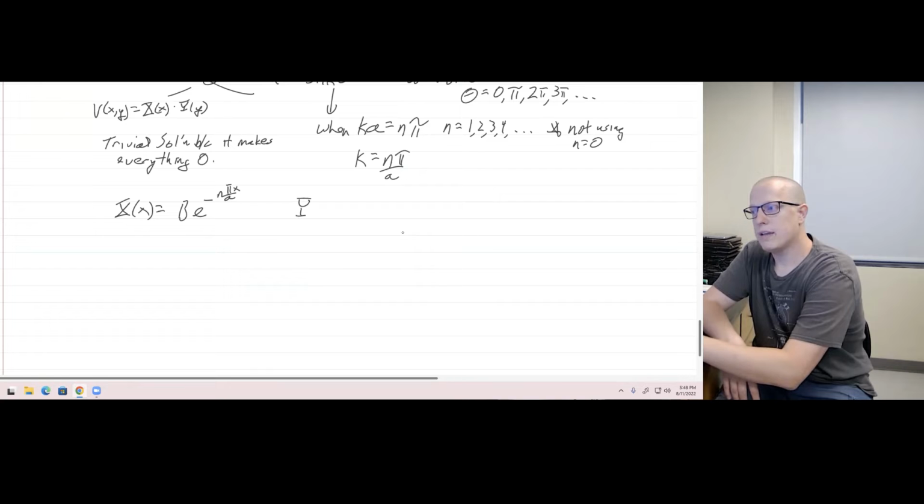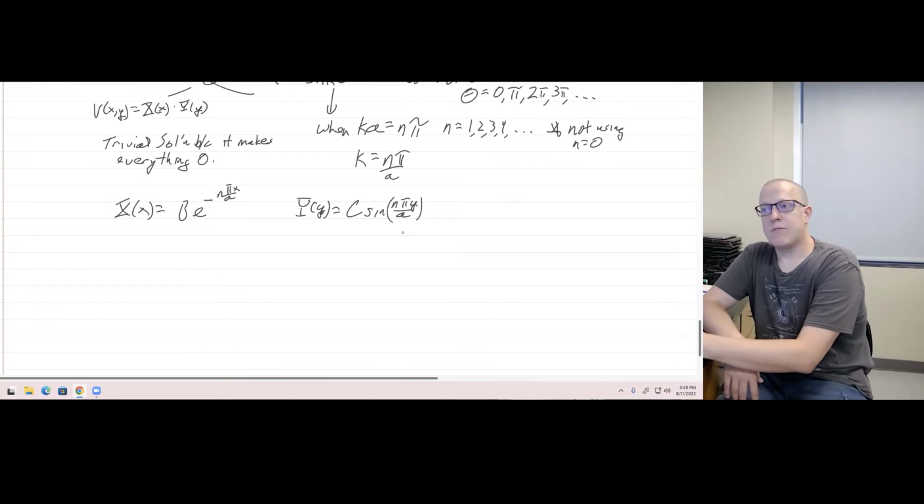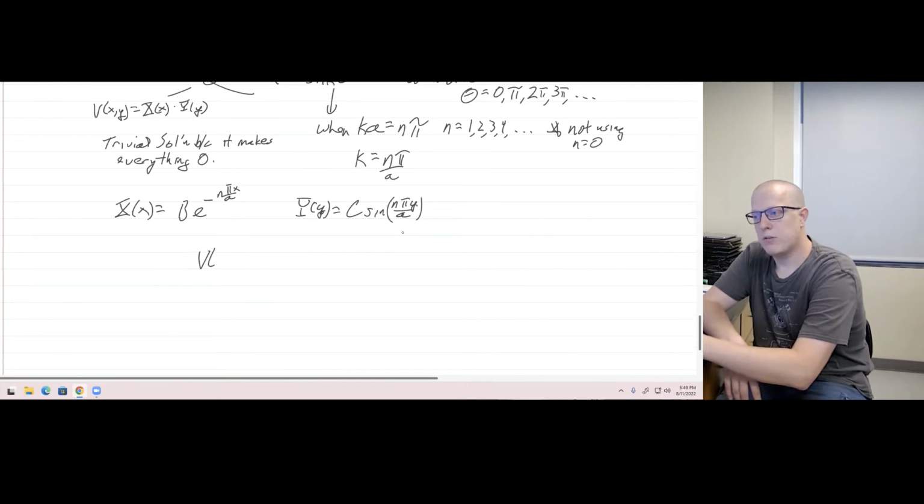And then y of y is equal to c times sine of n pi y over a. Remember we started off by multiplying these together. So let's just multiply the whole thing together. So far our v of x and y is equal to b times c times sine of n pi y over a times exponential negative n pi x over a.